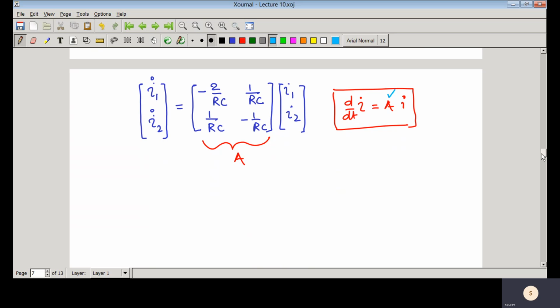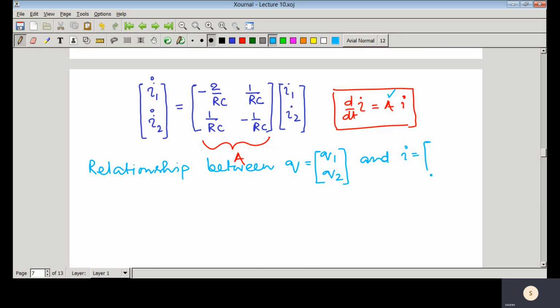That is the relationship between Q, that is Q1, Q2, this state vector, and another state vector we have defined, that is I1 and I2. In both cases we got two different state space models. We are just now trying to find the relationship between these two state vectors.